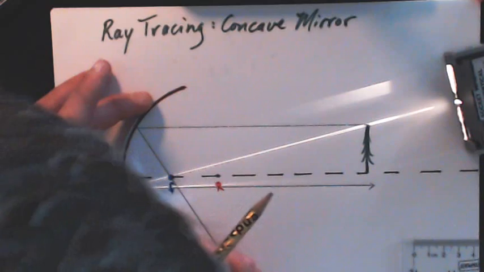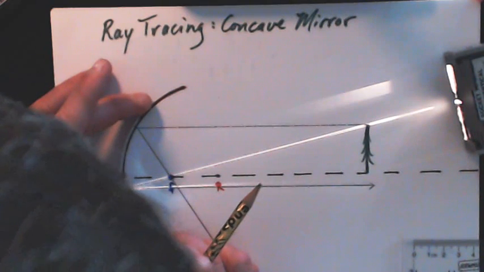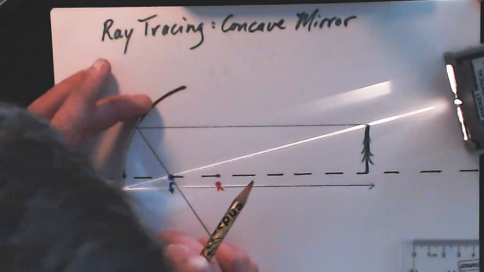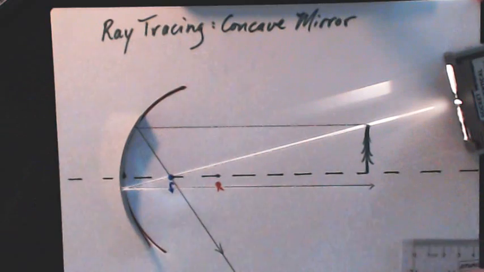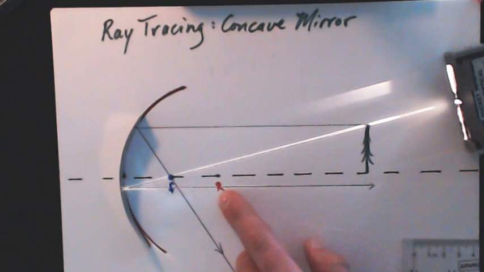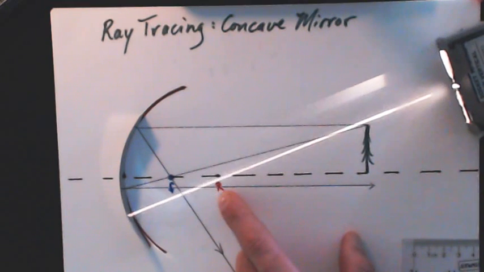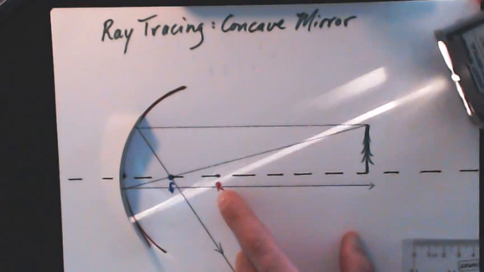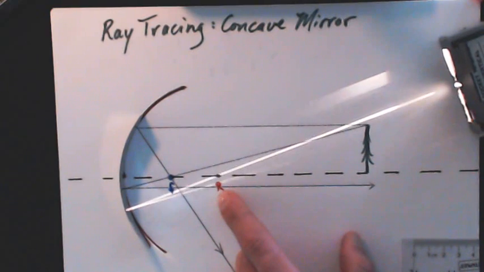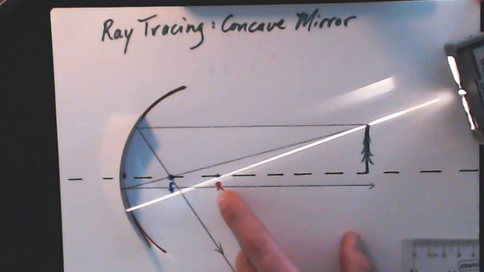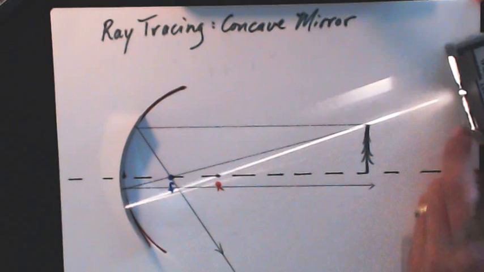Let's hit one more thing here. Let's see this. What about this center point, this radius? What happens when my light goes through the center point here? If I can line it up right.